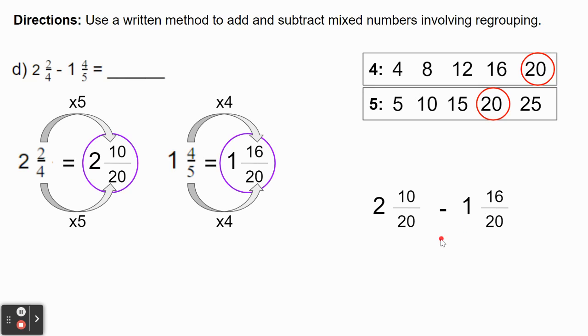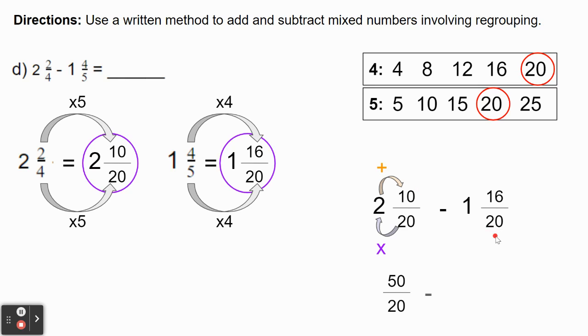To do that, we are going to multiply the denominator 20 times the whole number 2. 20 times 2 equals 40, and now we're going to add the numerator on top. 40 plus 10 is equal to 50. So the numerator is 50, and the denominator 20 stays the same. We're going to do the same thing for the mixed number here.